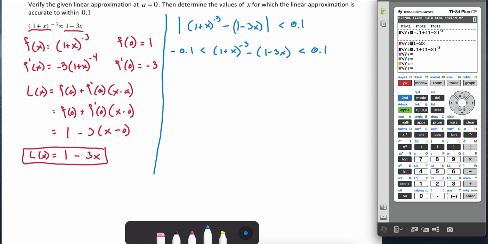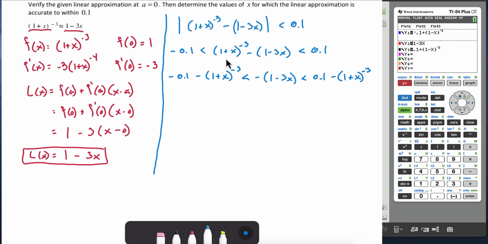and once we have our compound inequality, our goal is to isolate the linear approximation, that L of x. So we need to remove f by subtracting it. Negative 0.1 minus 1 plus x to the negative third is less than negative 1 minus 3x is less than 0.1 minus 1 plus x to the negative third.